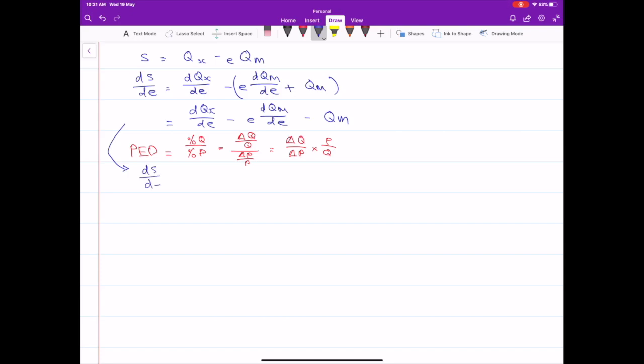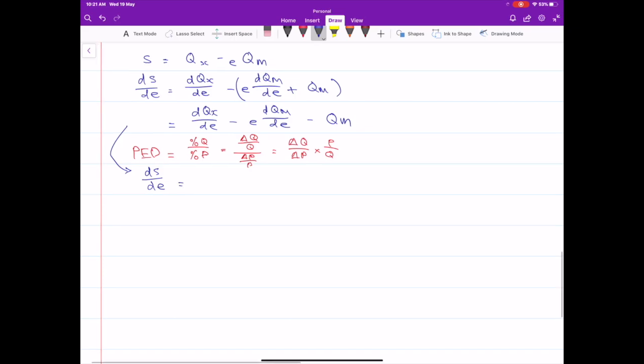Now that we have this expression, we can continue this line and try to work towards having PEDX and PEDM. So let me continue writing out. dS/dE will now equal to, one way we can get from this expression towards PEDX and PEDM is to factorize QM outside. So let's factorize QM. So we get 1 over QM dQX over dE minus E over QM dQM over dE minus 1.